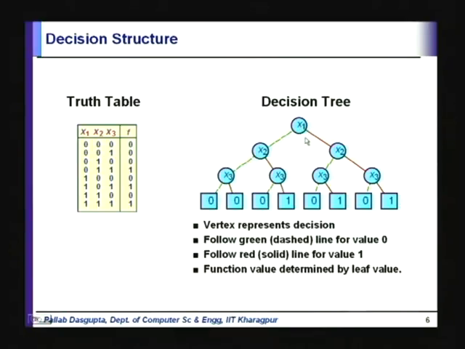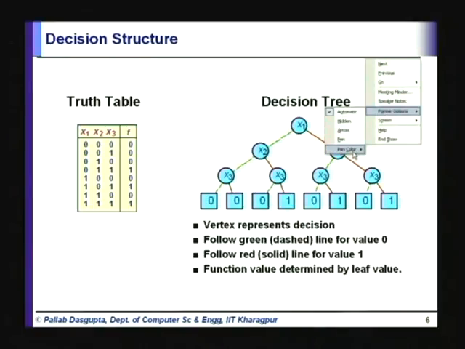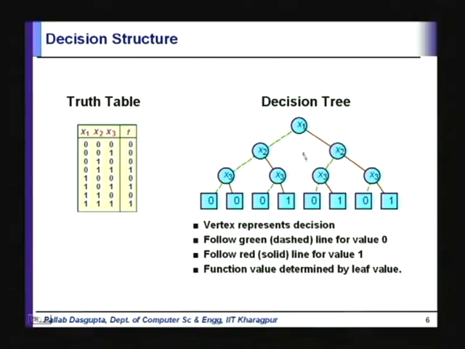If we take for example this path, then it represents the valuation x1 is 1, x2 is 0 and x3 is 0, and this node represents the function value. So, if x1 is 1, x2 is 0, x3 is 0, then the function value is 0.